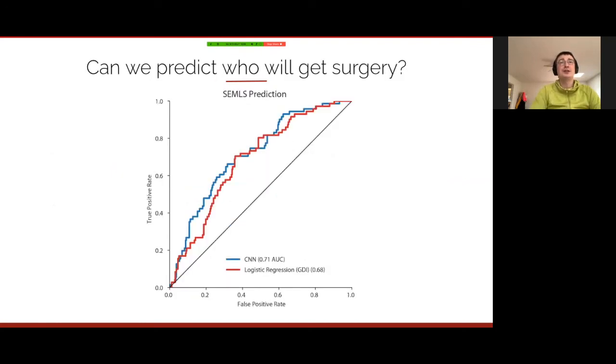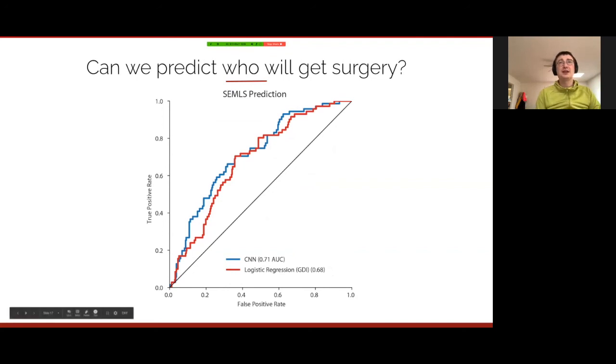Now, the final question that we were investigating is whether we can predict if someone should get a surgery or not. And for that, we had a data set. We had information of whether a subject received a surgery after a visit in the clinic. And we were trying to predict this binary variable, surgery or not, just from the video at this last visit in the clinic.